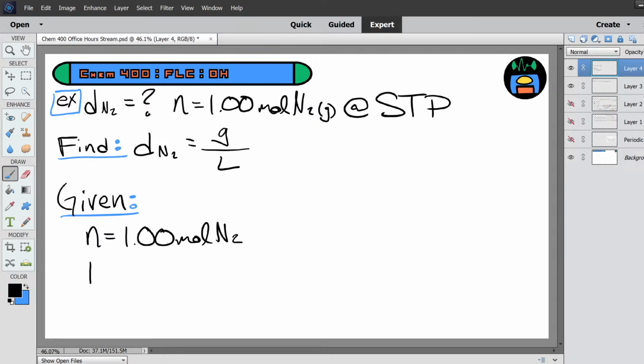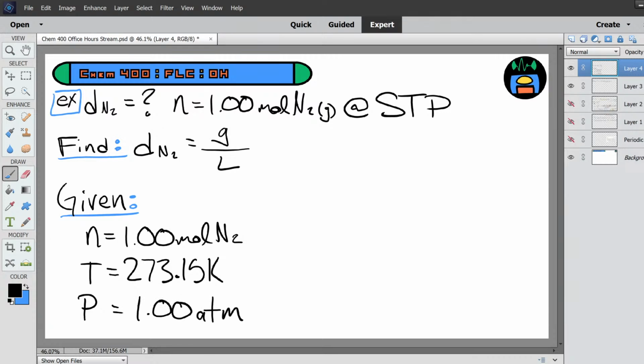We're given our temperature, because we're at STP, so our temperature is 273.15 Kelvin, and our pressure is 1.00 atmospheres. So this is what we have to work with, and you'll notice there's a similar pattern to the problem we just did.